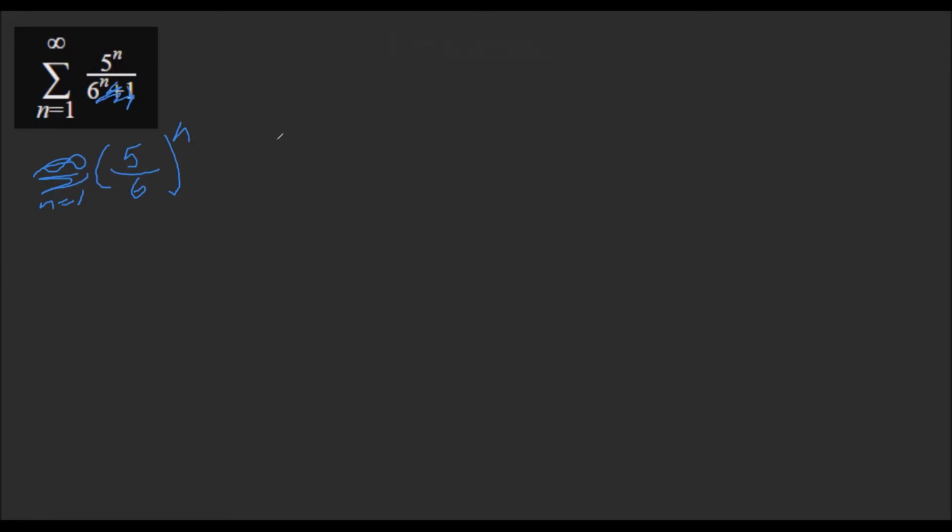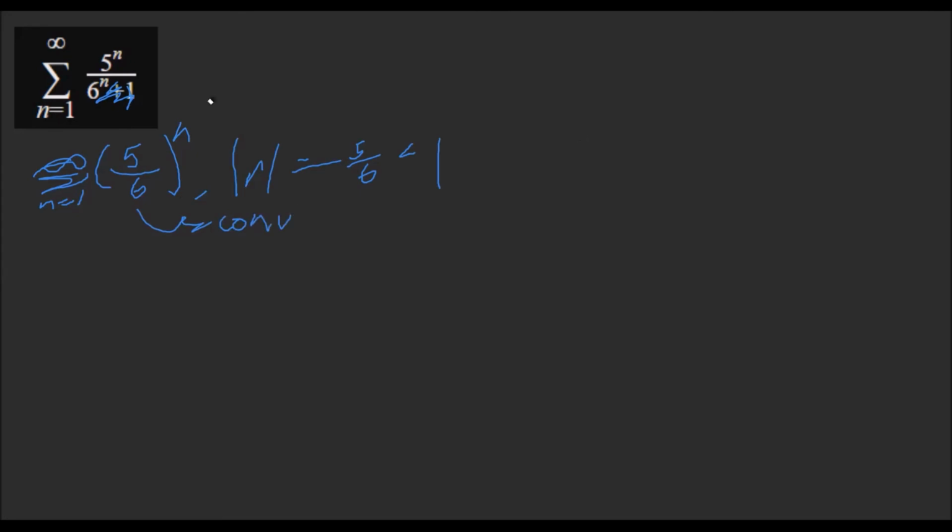So that is it for b sub n. Now we just have to find whether or not it converges. So we can use the geometric series test. We can see that the absolute value of r is equal to 5/6, which is less than 1, meaning that the infinite series of b sub n converges by the geometric series test. So I'll just write that here.